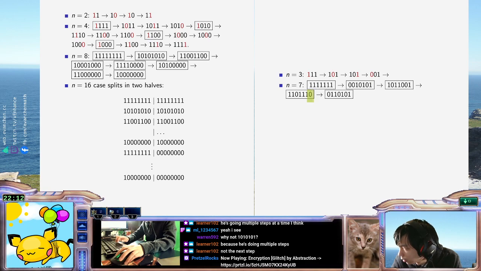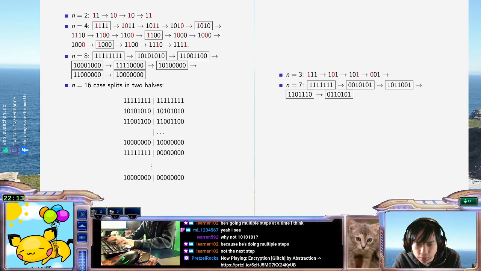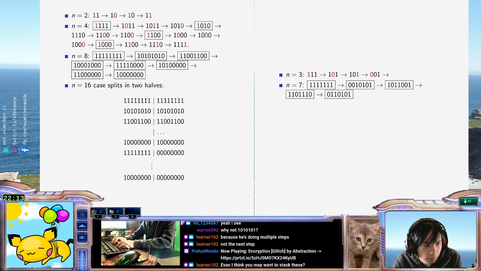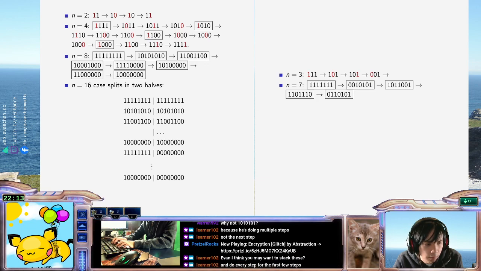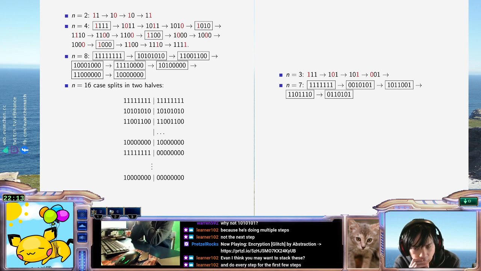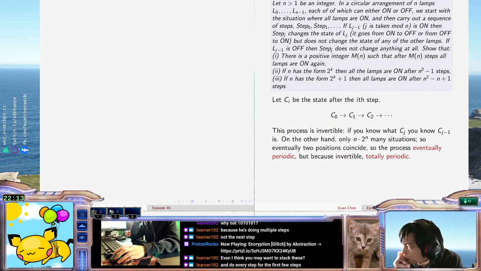It doesn't bode well. What the heck... wait, what? I'm so confused now. I think you may want to stack these. What is the 43?